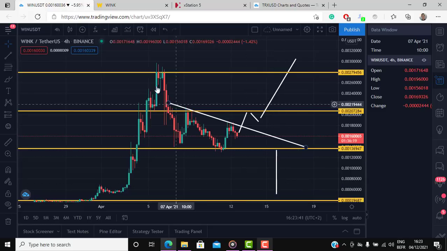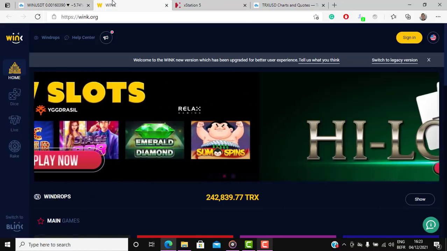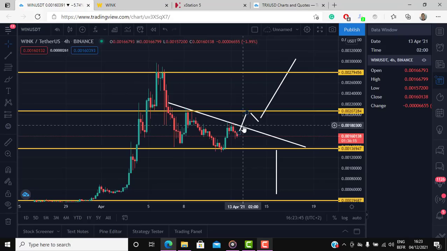However, the project is very promising, so we could also break from the upside. This shows you that we are at such a decision point that you cannot know what the next big move is. These are the two scenarios that could happen, and you would need to wait for confirmation first before entering the trade.